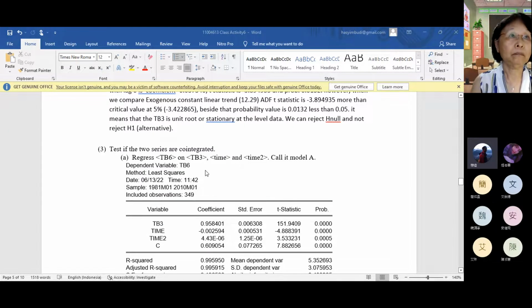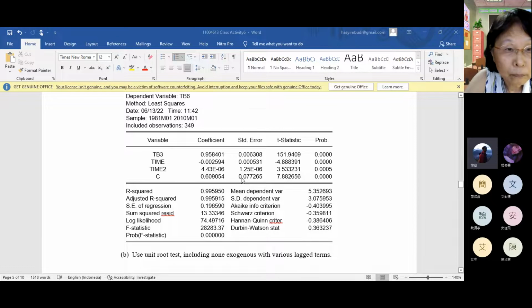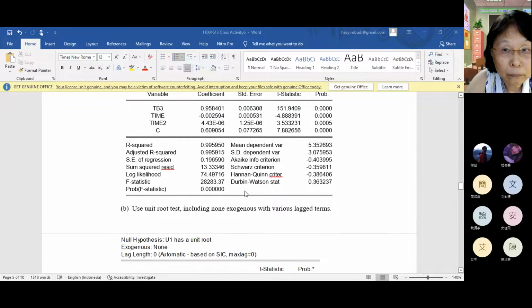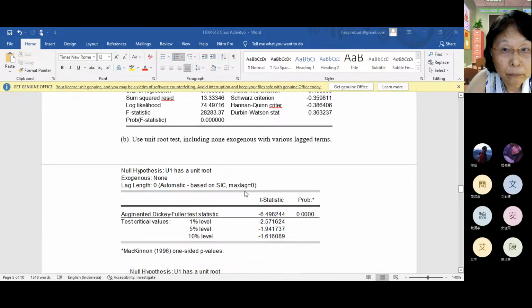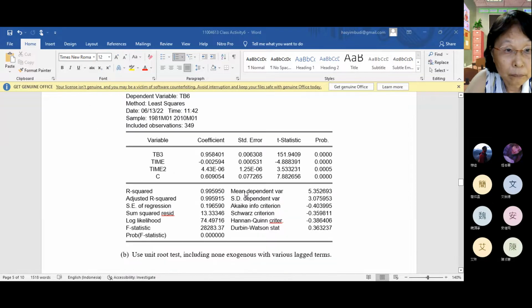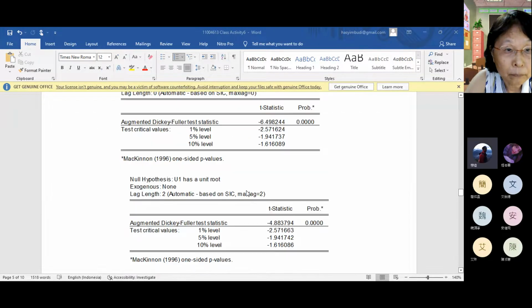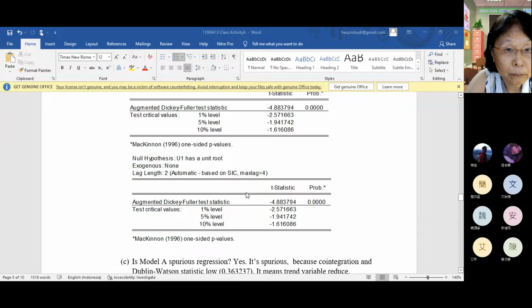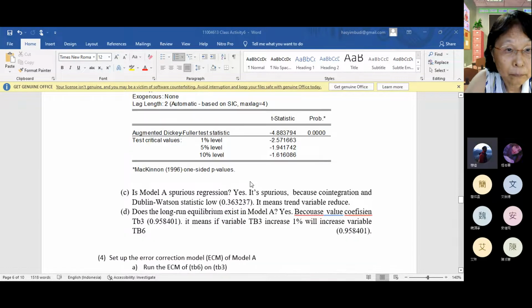And when I test if the two series are co-integrated, you can see in C the model is a spurious regression.